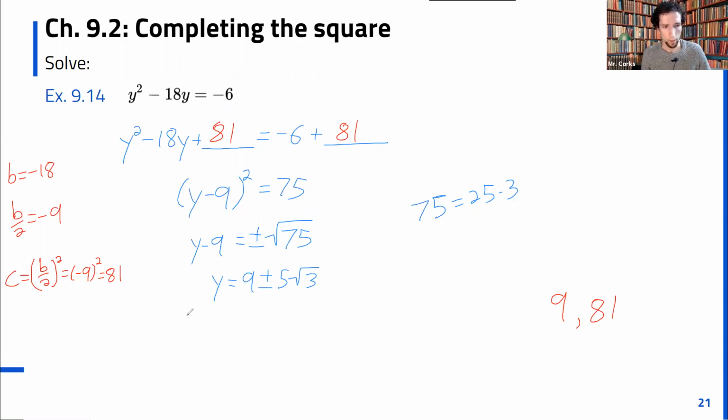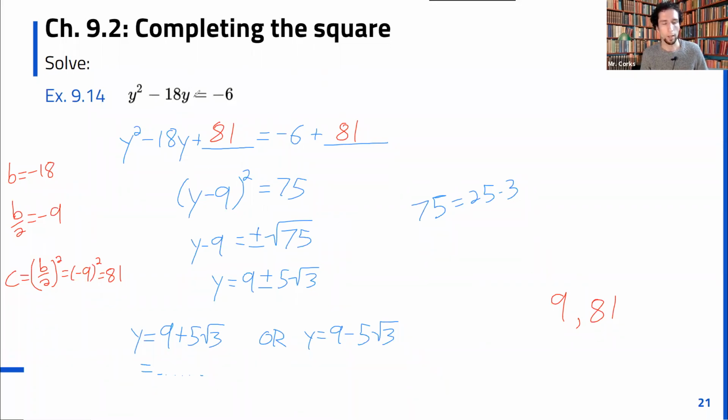And then we have our two values of this. So y is equal to 9 plus 5 root 3, whatever number that turns into, or y equals 9 minus 5 root 3. And I know we have these square roots in the solution, but still, if we put these into our original equation and multiply everything out, it would work out.